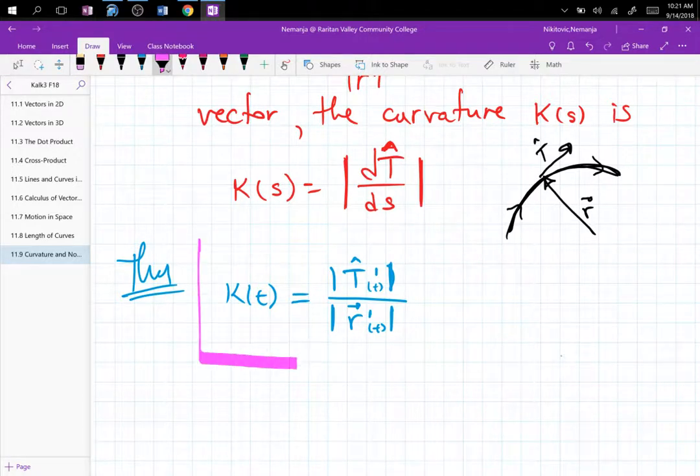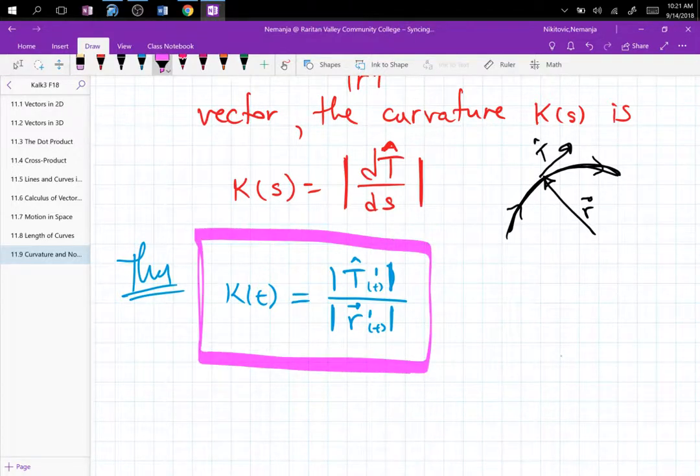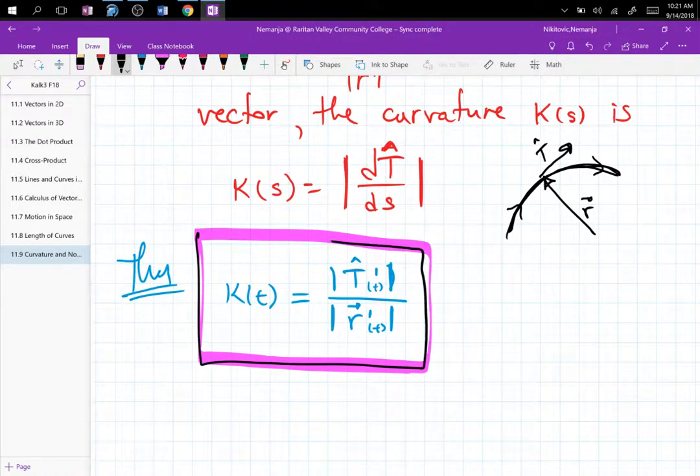This is the formula that you are going to use to calculate stuff.